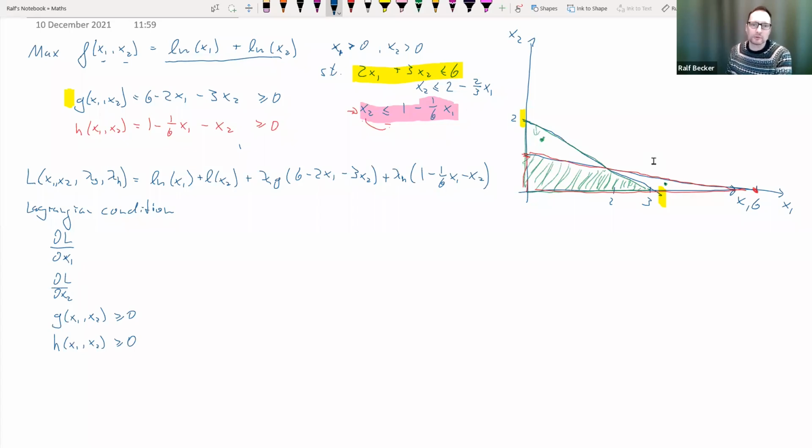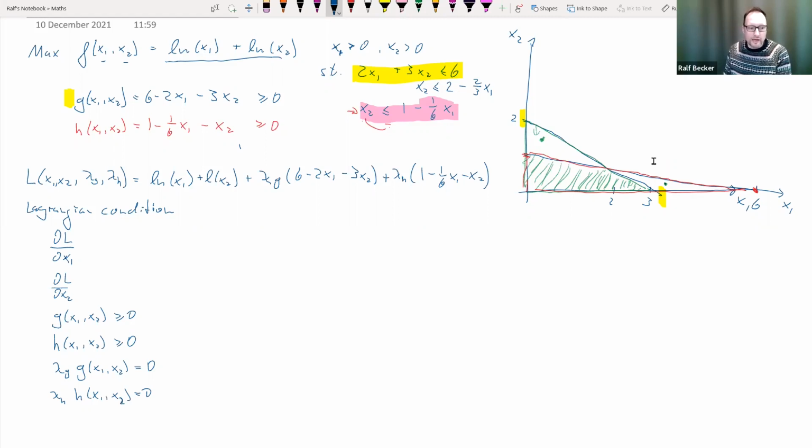And now remember, we also had the complementary slackness condition, and we now have two of them. We have lambda subscript g times the constraint g has to be equal to 0, and lambda subscript h times constraint h has to be equal to 0.